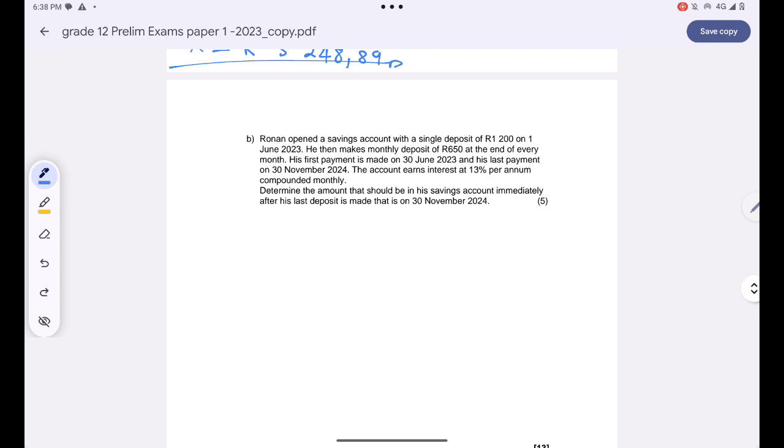His first payment is made on the 30th of June 2023, and his last payment will be made on the 30th of November 2024. The account earns interest at 13% per annum compounded monthly. Determine the amount that should be in his savings account immediately after the last deposit at the end of November.